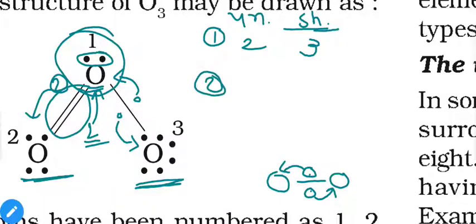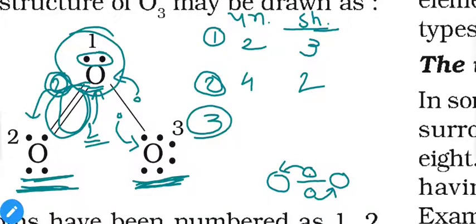Now for the second oxygen, as you can see, we have 2 lone pairs, that means 4 unshared electrons. And we have a double bond, which has 4 electrons, so 2 belong to the second oxygen. For the third oxygen, we have 1, 2, and a total of 3 unshared electron pairs, so 6 unshared electrons, and a single bond, so only 1 electron belongs to the third oxygen from that bond.